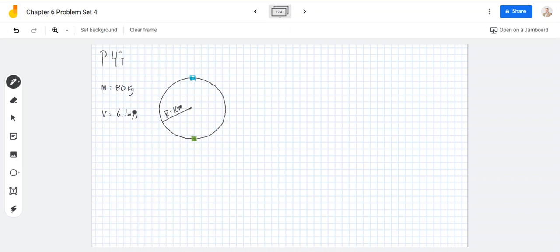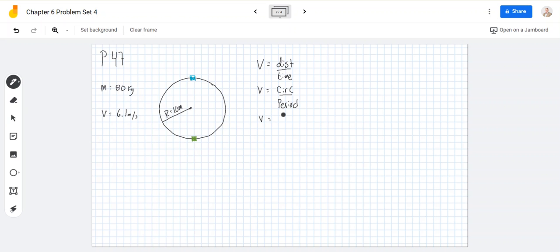All right, so if you're going around in a circle, we know that speed is equal to the distance divided by the time. Now, if you're going around a circle, this is the circumference. And if you keep going around and around and around, the time it takes to go around once is called the period.